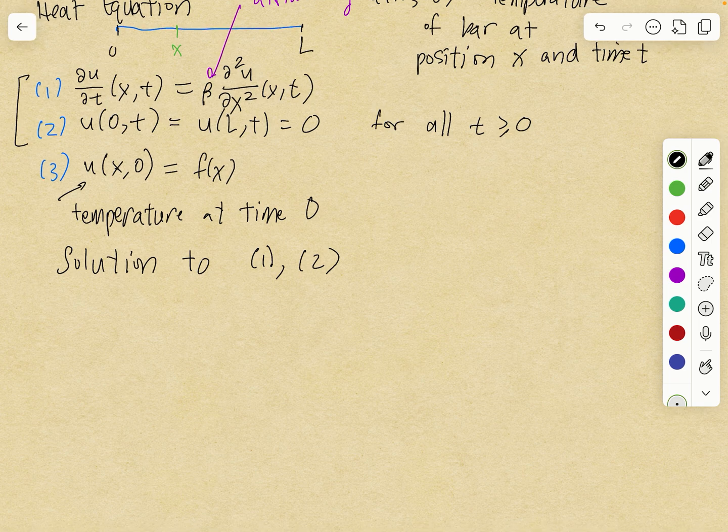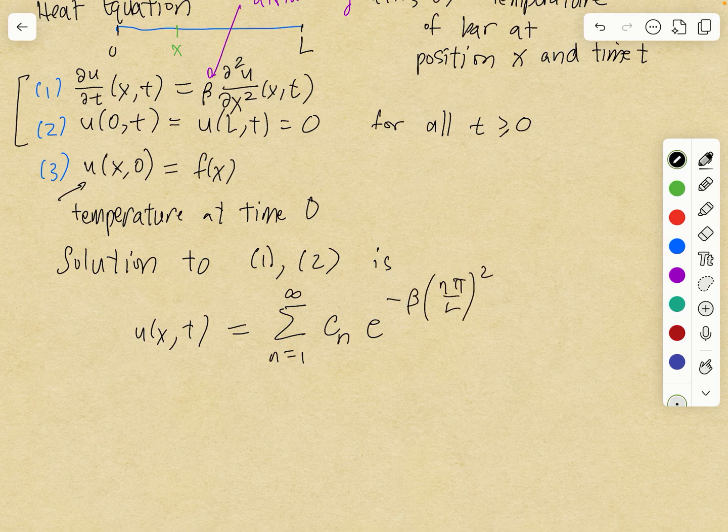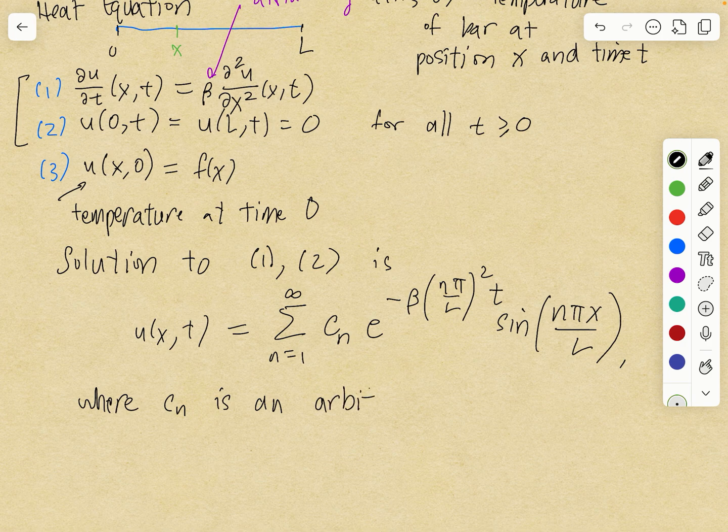If you wanted to find all the functions that satisfy equations 1 and 2, it turns out to be u of x,t equals the sum from n equals 1 to infinity of c sub n times e to the negative beta n pi over L squared t times sine of n pi x over L, where Cn is any constant. The math lingo for this is an arbitrary constant, meaning the Cn's can be any real number.